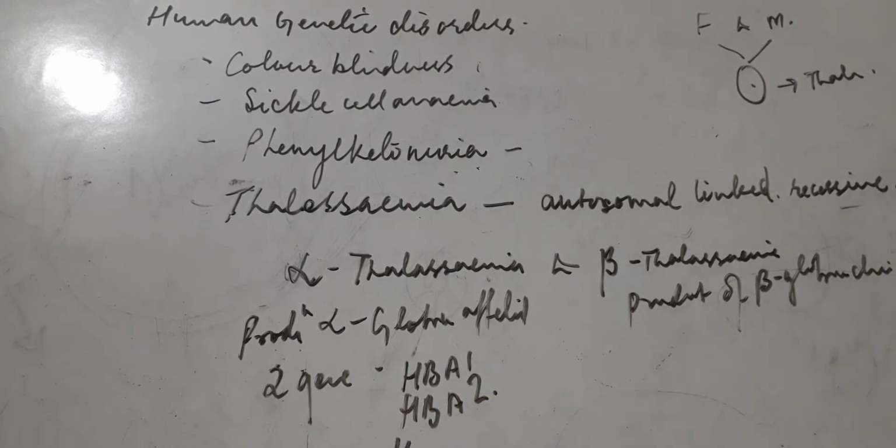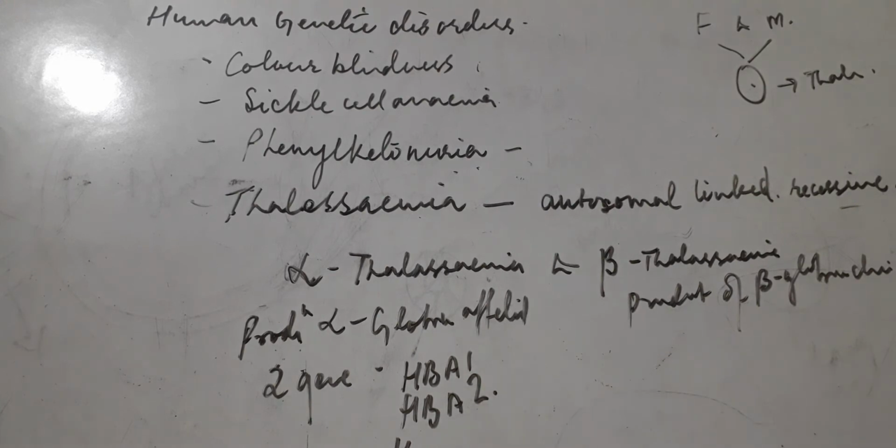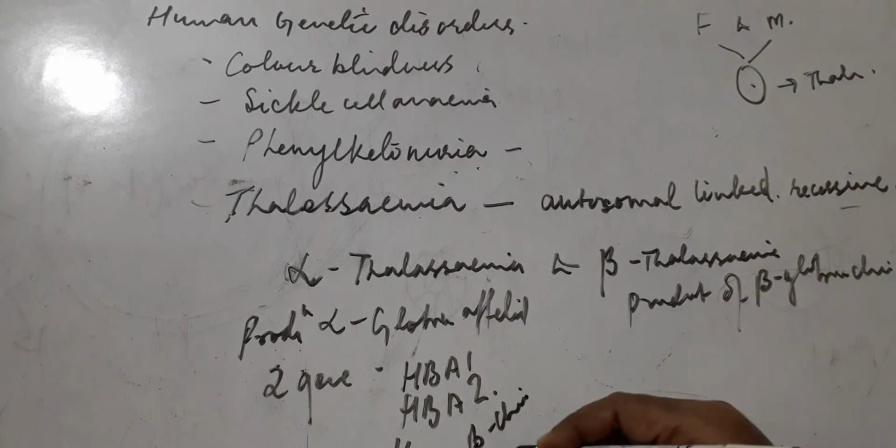Here, if the alpha chains are reduced, the beta chain increases in excess.